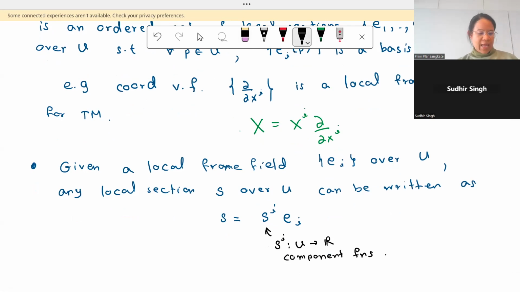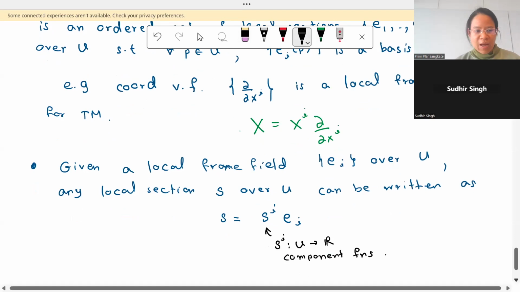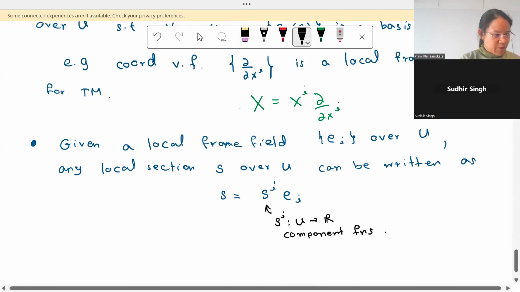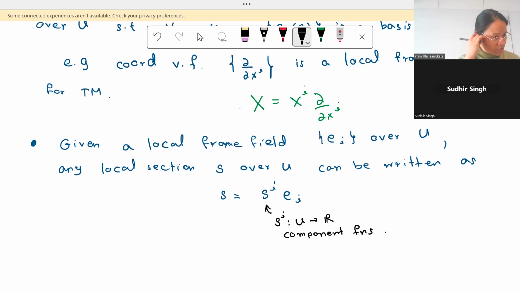Now, an important fact, which I'm afraid I will not have time to go into details now because I'm running much slower than I thought. But let me just state it then. An important fact is that a choice of local frame field is the same as a choice of local trivialization. So we will look at them as being the same.